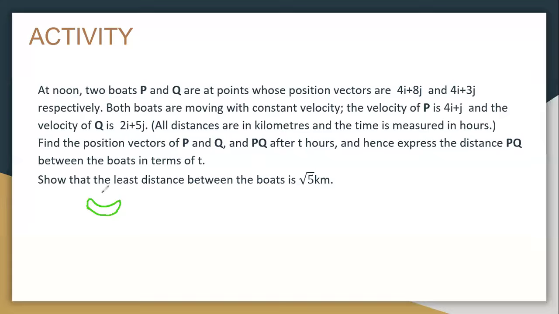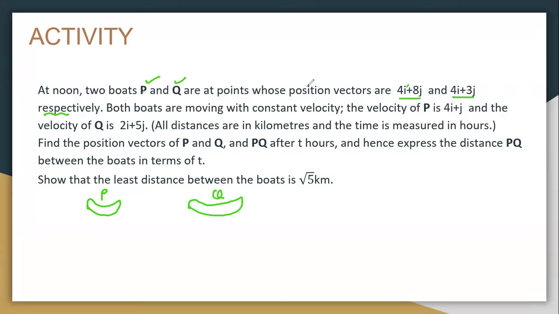We are going to call this boat P, and we have another boat here, which is boat Q. Whenever you meet such scenarios, the first thing you do is summarize the data the way it has been given in the scenario. They are telling you that it had a position vector. This was the position vector for P. When you see the word respectively, it means that the first one applies for the first letter, then the second one applies for the second.